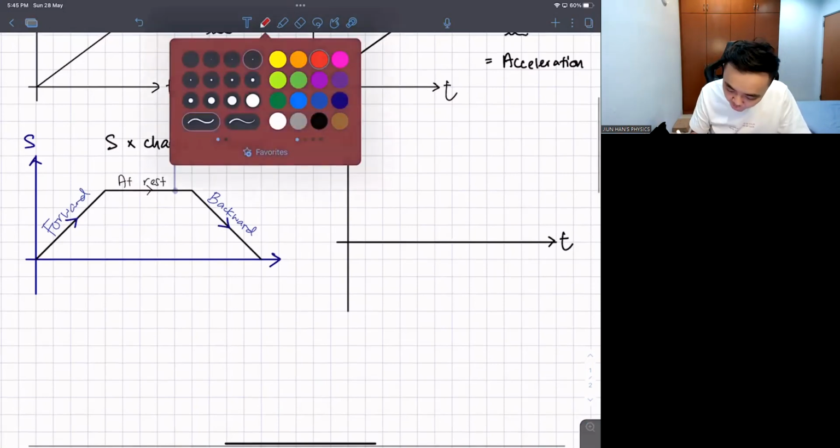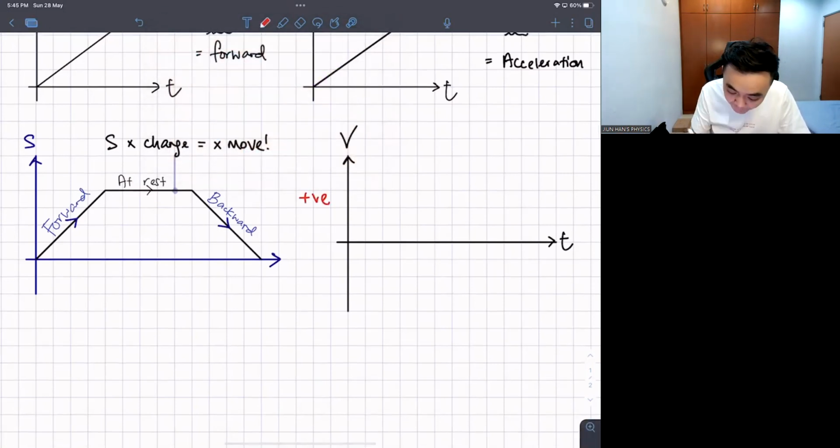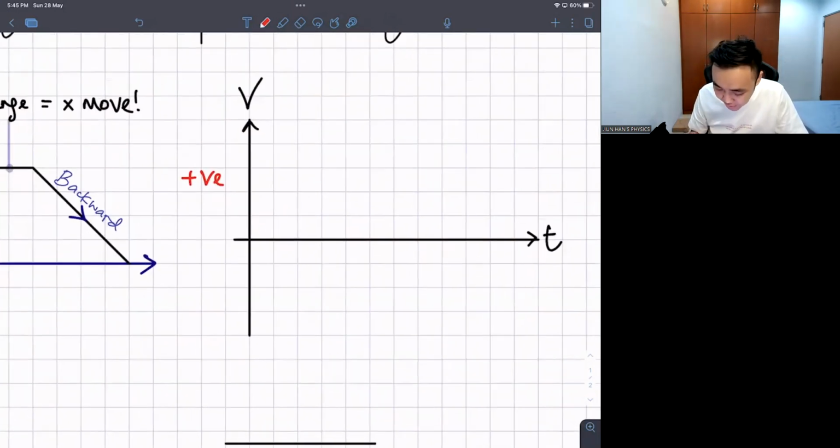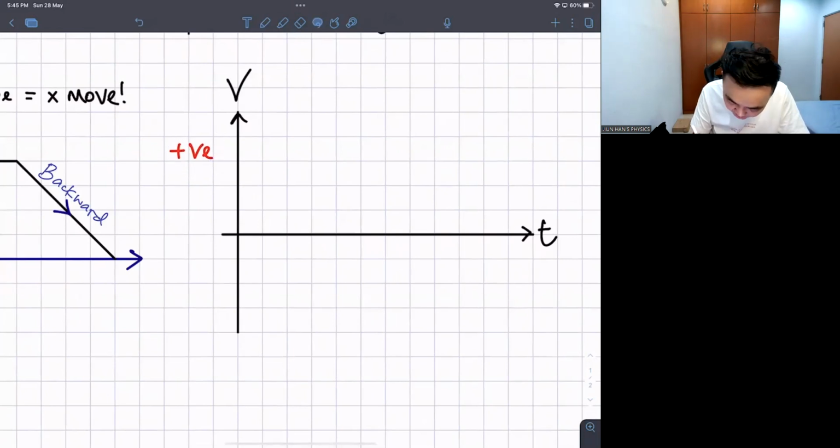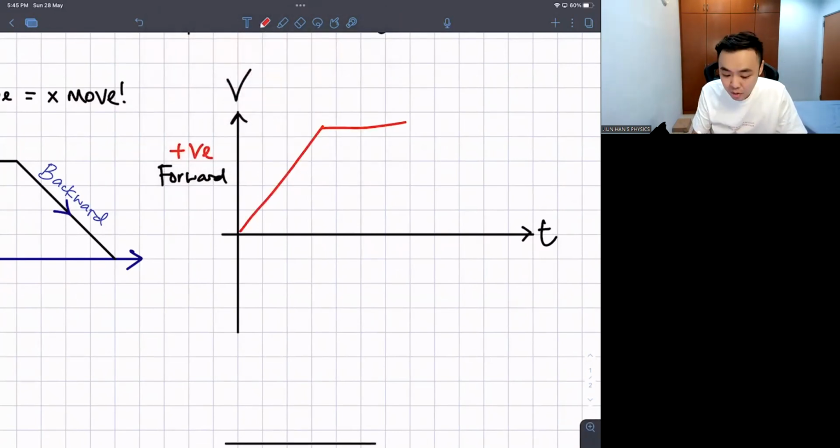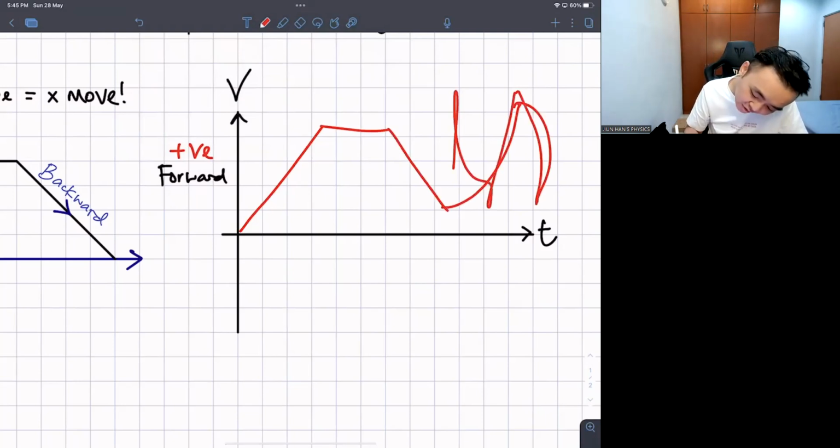Now, if your graph is located at the positive side, listen very carefully. We don't care what shape. As long as it is located at the positive side, the answer is simple: you go forward for sure. It doesn't matter if your graph does this or this, or this, or this.